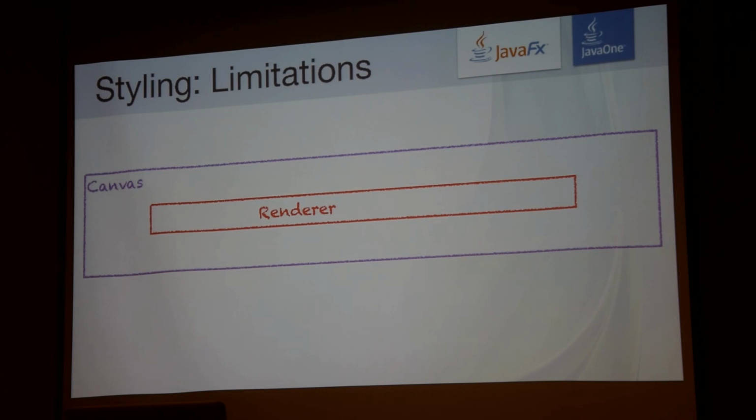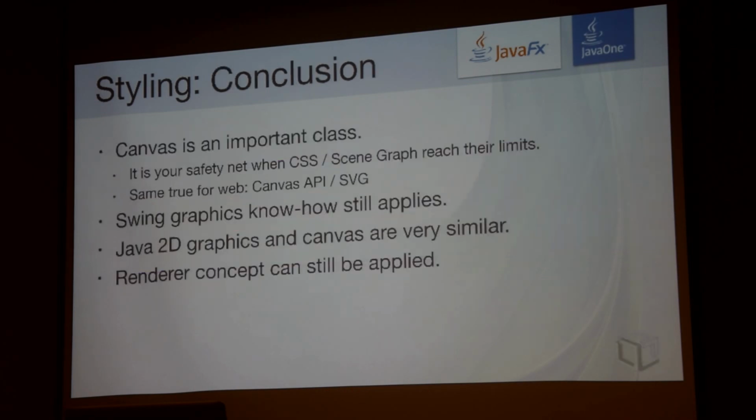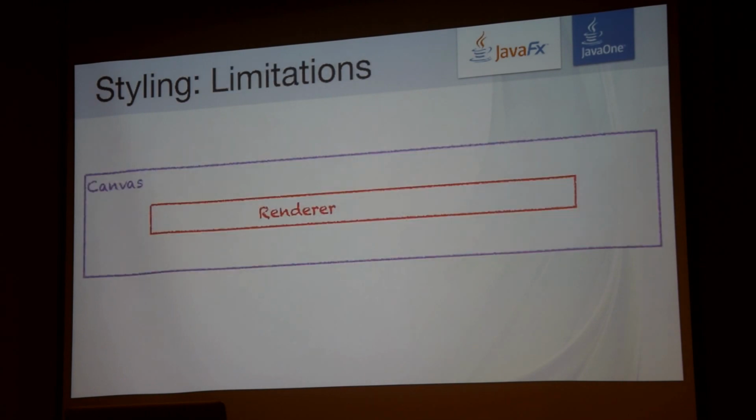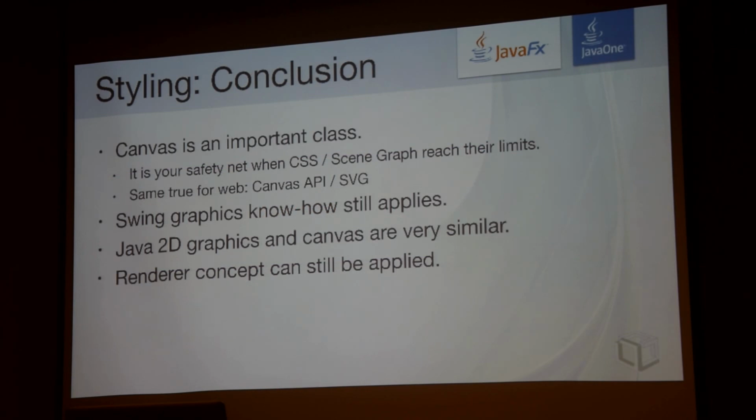So the right-hand side of the Gantt chart is basically one big canvas, or actually in each row a single canvas, and all the activities inside the canvas are rendered by their own specific renderer, just like Swing was doing it. Right, so, conclusion, Canvas is a very important class.